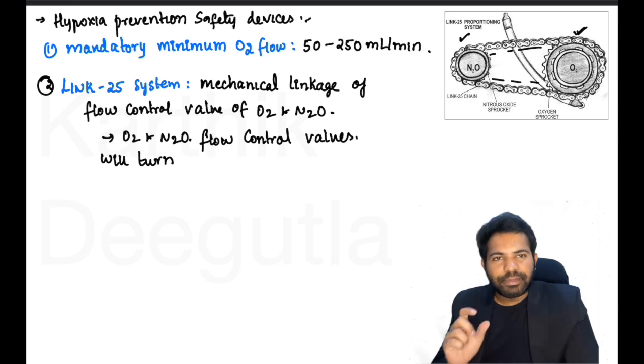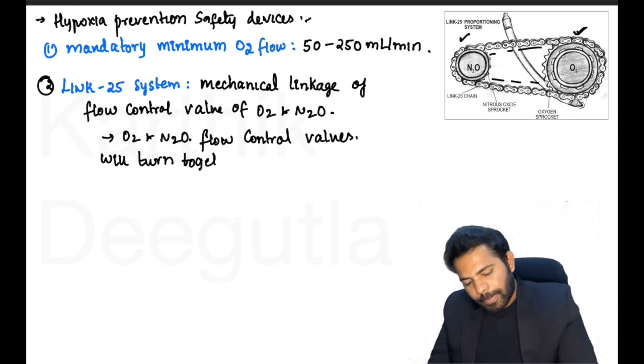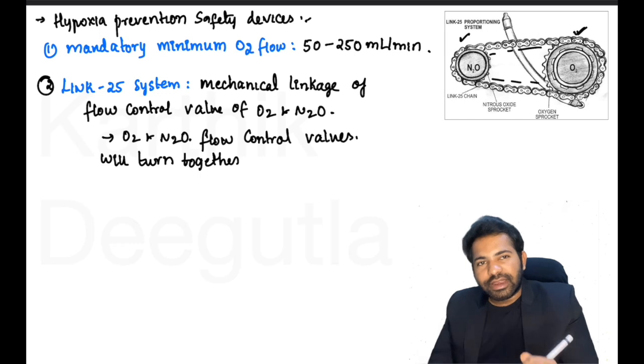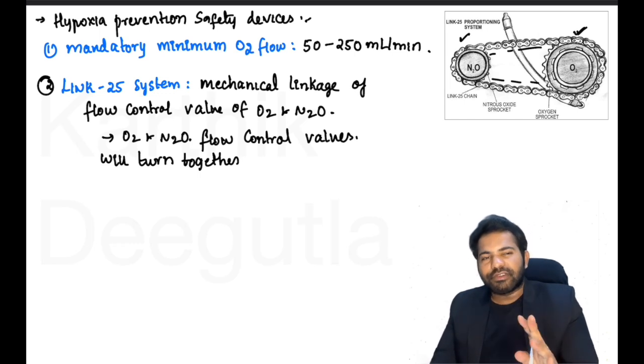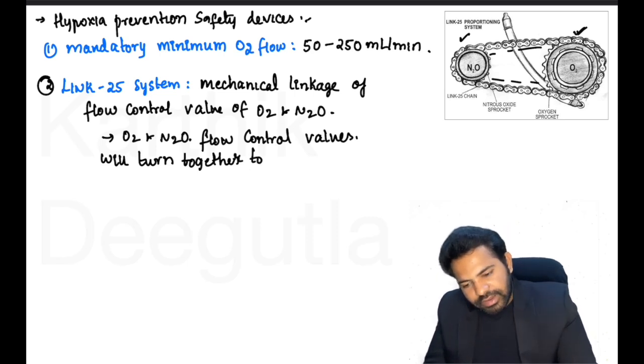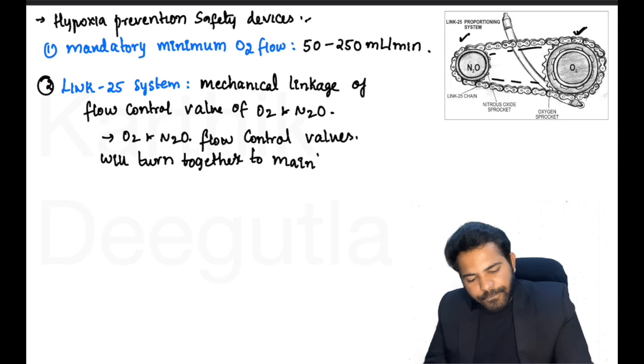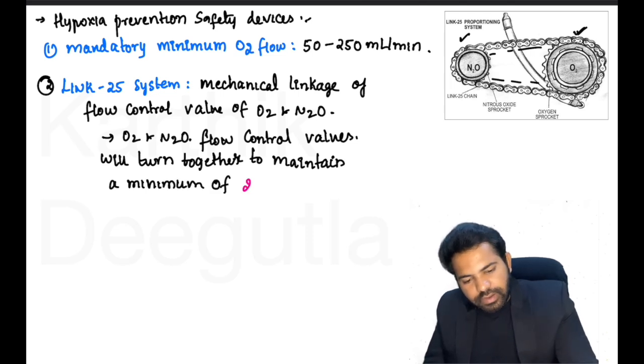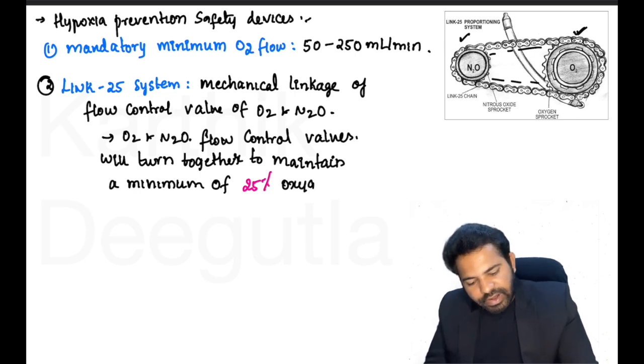They won't turn independently, they turn together to maintain a minimum oxygen concentration of 25%. A minimum of 25% oxygen will be delivered.